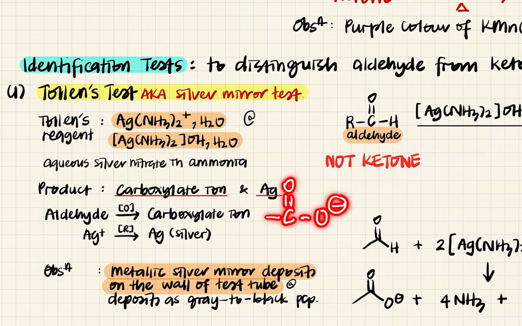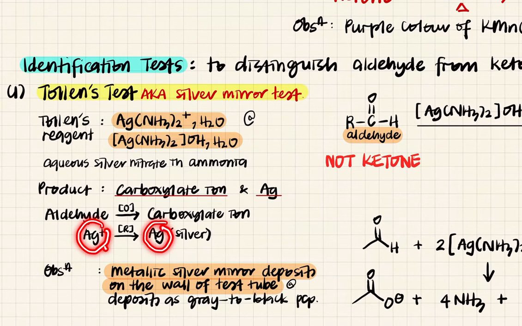While the aldehyde is being oxidized, your Ag+ is being reduced. It gains electrons to form Ag, your silver, argentum. The positive observation for aldehyde will be a metallic silver mirror deposited on the wall of the test tube.